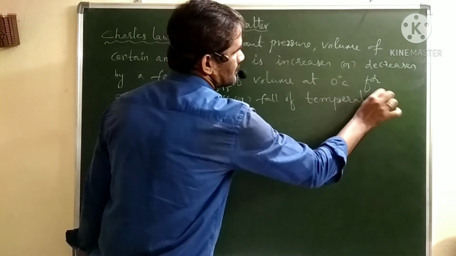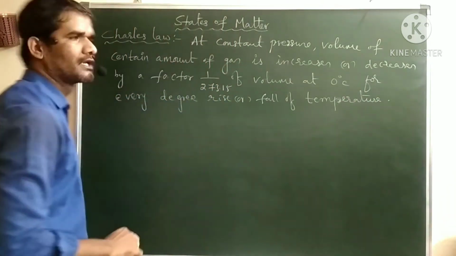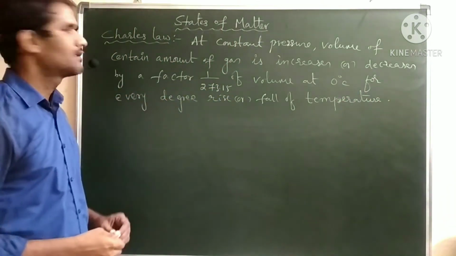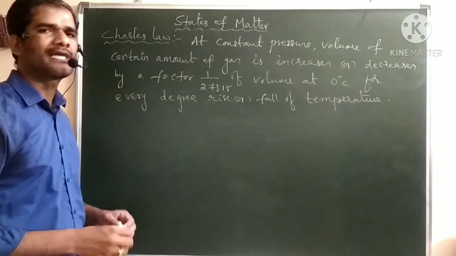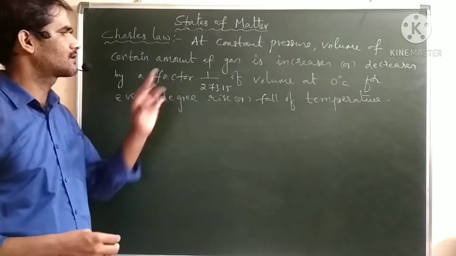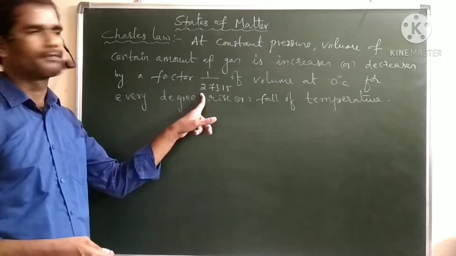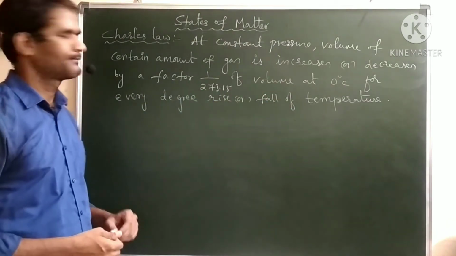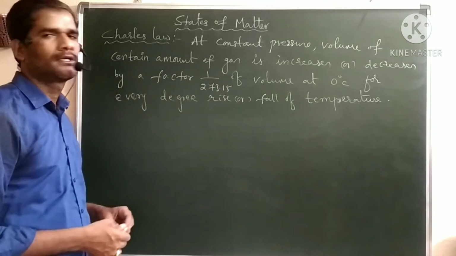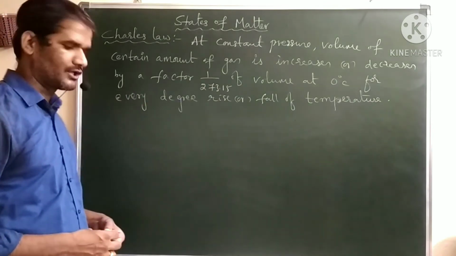This is the actual statement for Charles law. At a constant pressure, the volume of a certain amount of gas either increases or decreases by a factor of 1 by 273.15 of the volume at 0 degree centigrade for every degree rise or fall of the temperature.